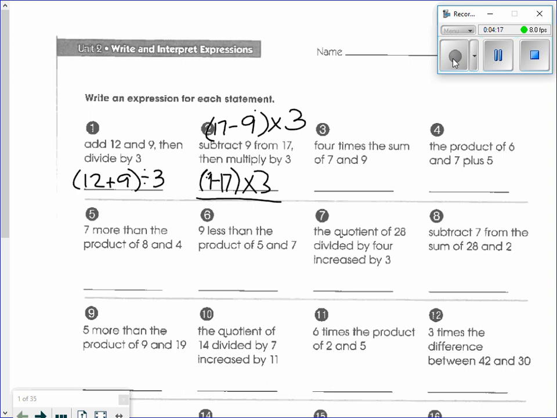Because the only ones, like adding, it doesn't matter what order. Multiplying, doesn't matter what order. But subtracting, it does matter what order, because 5 minus 3 is not the same as 3 minus 5. And dividing, it matters. 4 divided by 2 is not the same as 2 divided by 4.